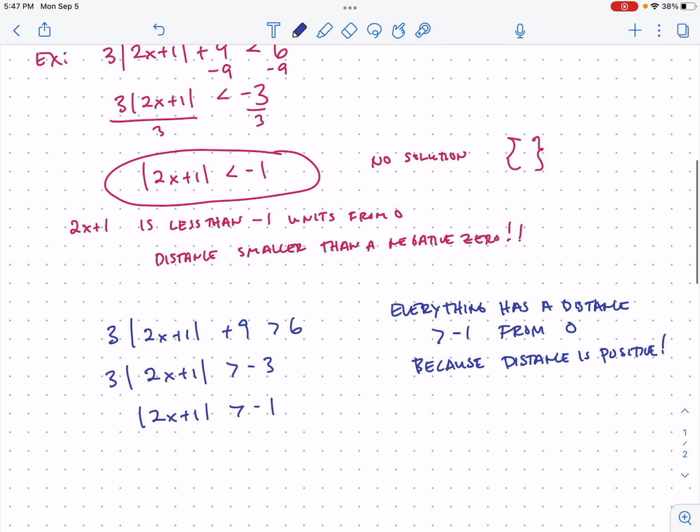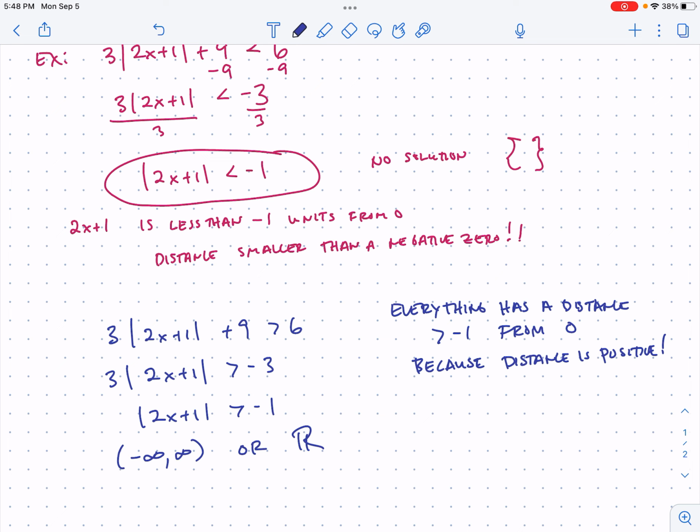So this time our answer is negative infinity to infinity, or we can say all real numbers if we want to. Every real number will be, so that if I stick it into this expression and take the absolute value, the number I'm going to get is bigger than negative 1, because that's how absolute values work.